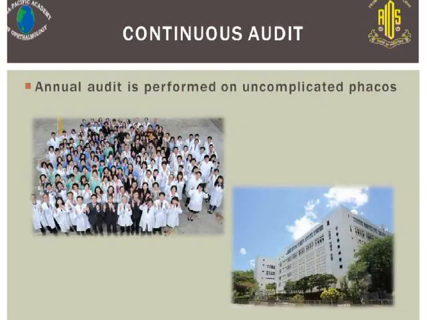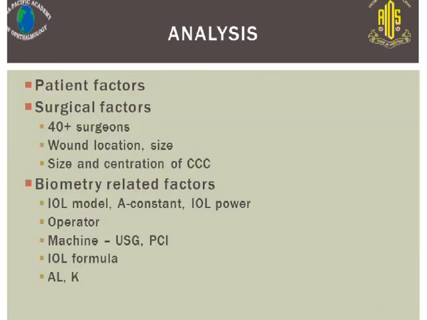Now, I work in a hospital with around 40 ophthalmologists, and an audit is performed annually on a representative sample of around 25 to 30% of uncomplicated cases. Each year we analyze a lot of factors, including patient factors, biometry-related factors, and surgical factors.